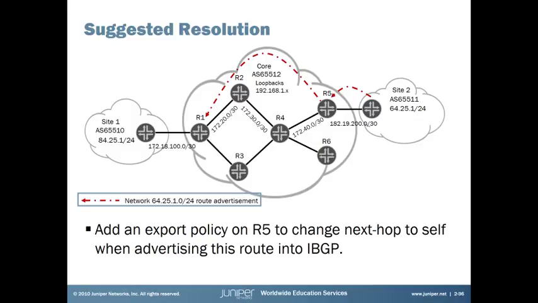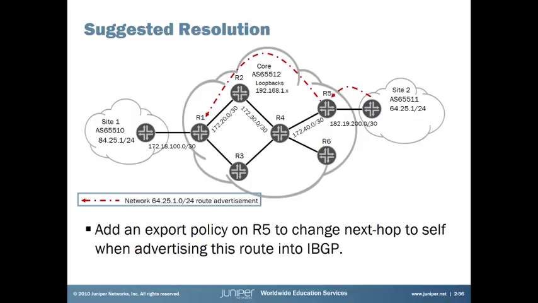When BGP advertises an eBGP route, so when Site 2 advertises to R5, the next hop is updated to the external address that is attached directly to R5. But when R5 re-advertises the route to R1, the default behavior of BGP is to not update the next hop information.